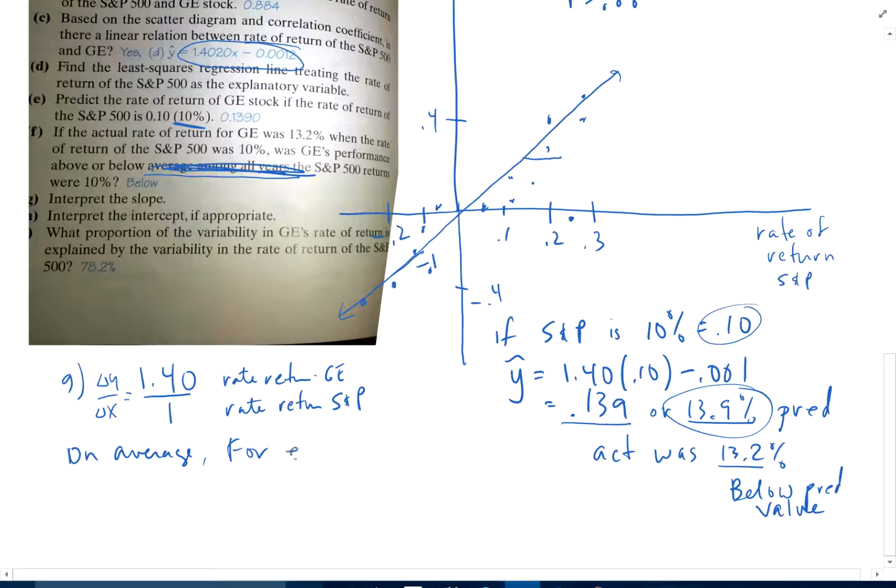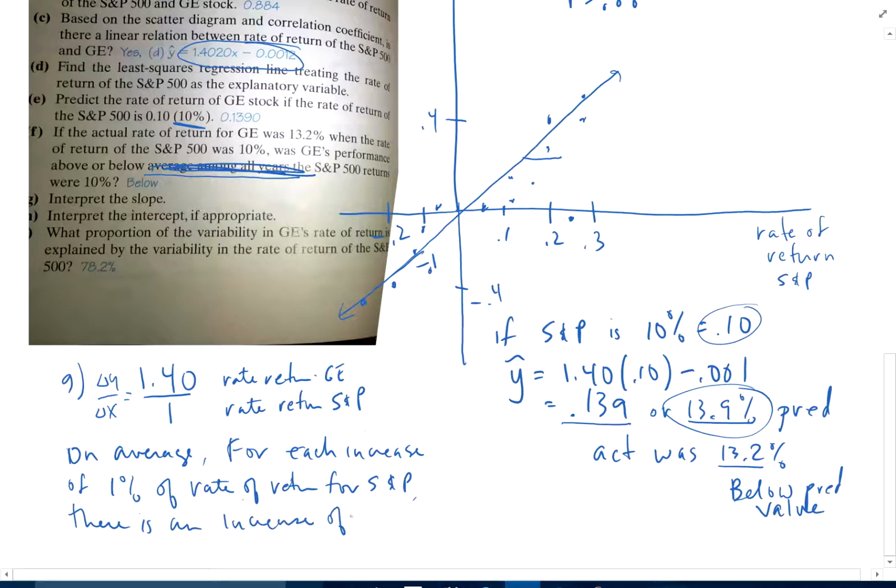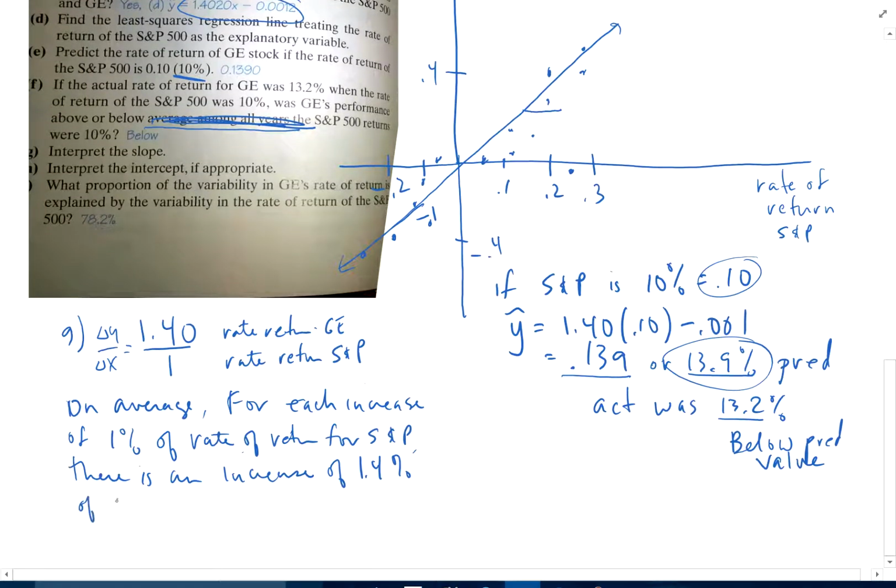So for each increase of 1% in the rate of return for S&P, there is an increase of 1.4% in the GE rate of return.